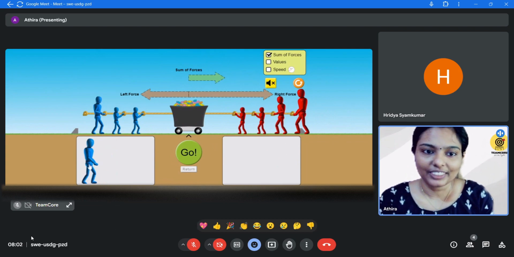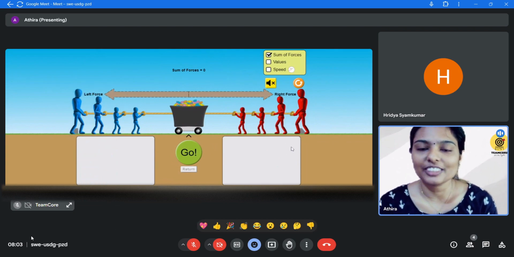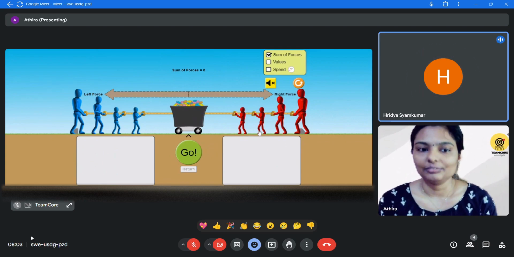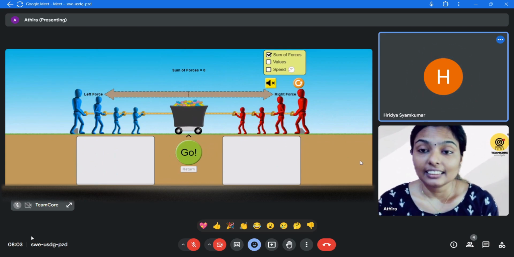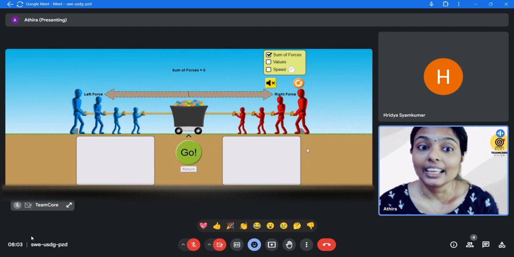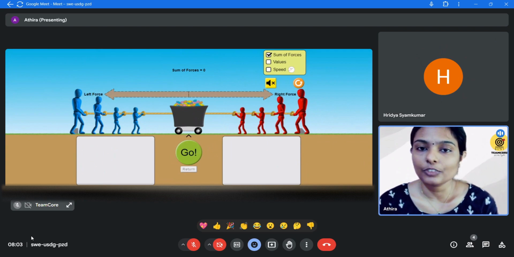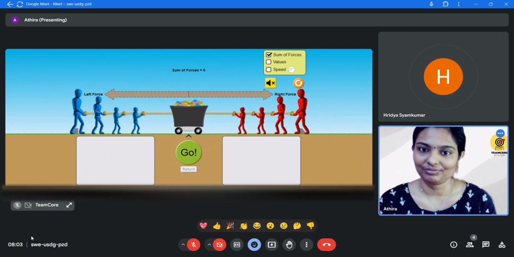Now what happens again? What is the sum of force here? It's zero because the forces are of equal magnitude and opposite in direction. So, if we apply forces of equal magnitude and opposite in direction, the sum of the forces will be zero.